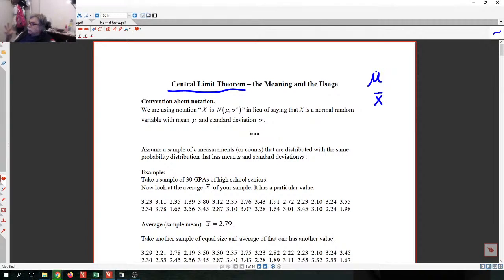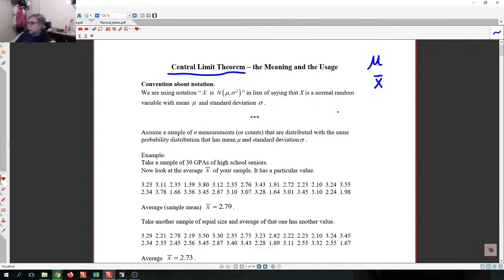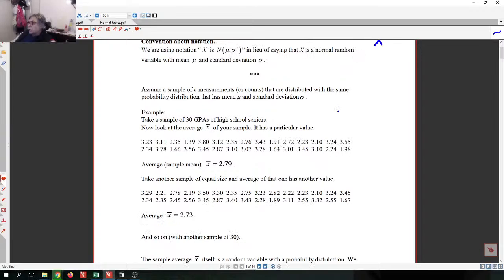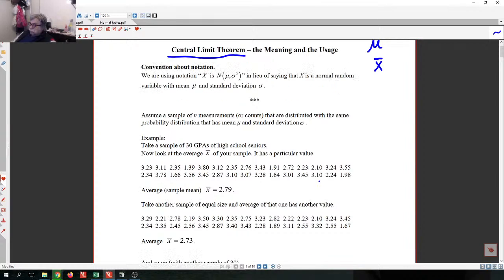Okay, so now the question is, if you collect different samples, what is this going to be? In one sample it could be one thing, and another sample could be another thing. So for example, I have here a random variable, the GPA of a high school senior.